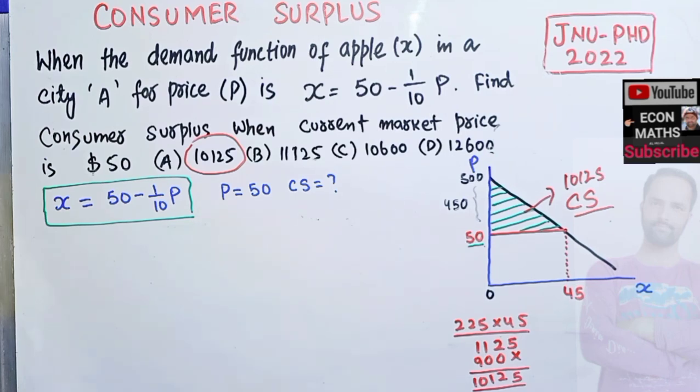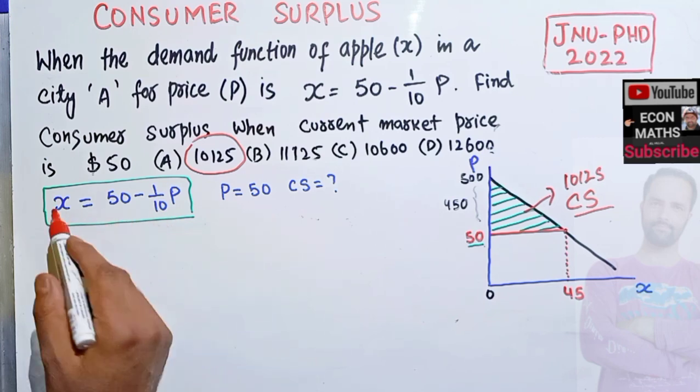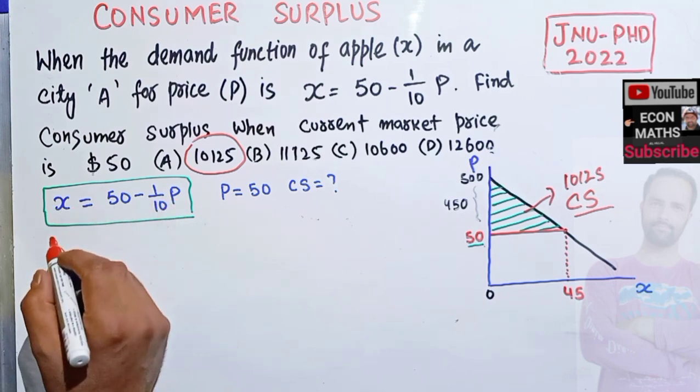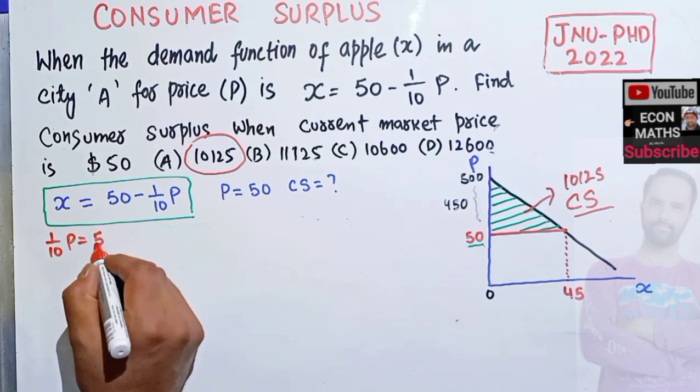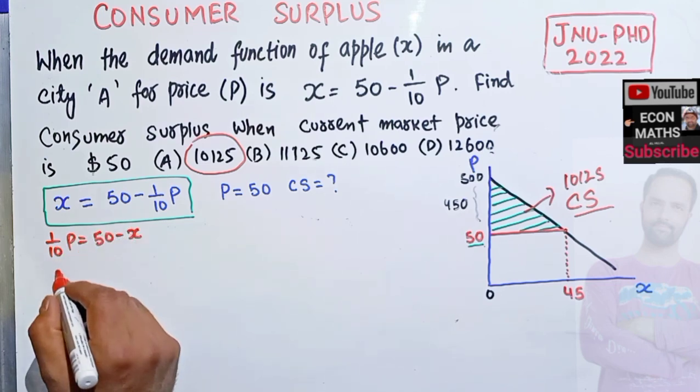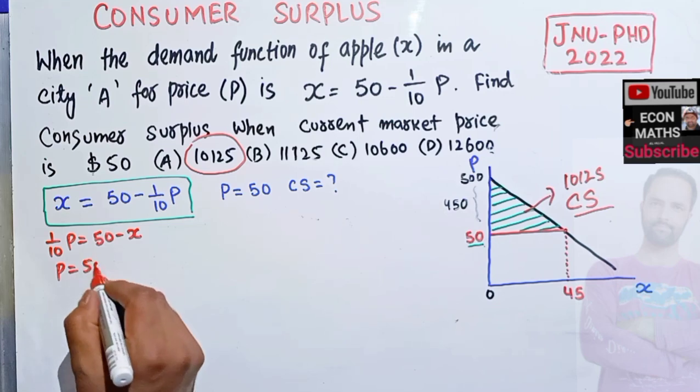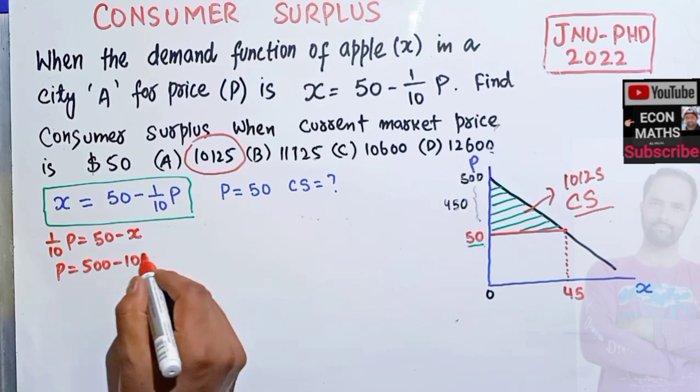If we want to solve this question using the integration method, we need to find out the inverse demand function. That means first we solve this function for price, that is 1 upon 10p will be equal to 50 minus x, or p will be equal to 500 minus 10x.